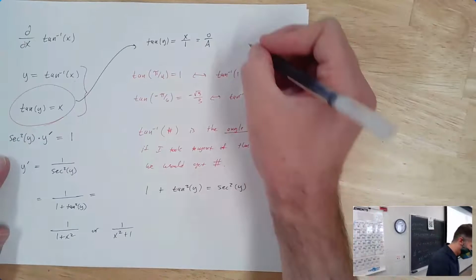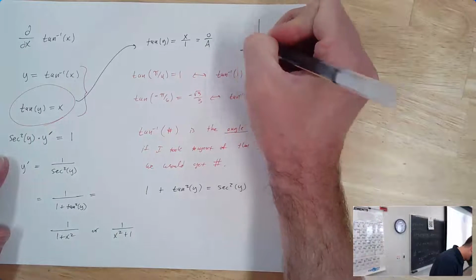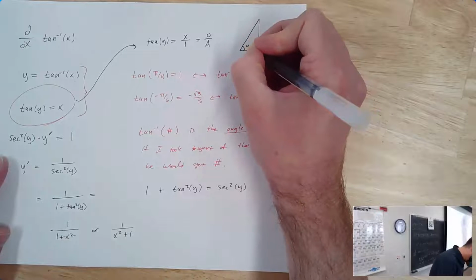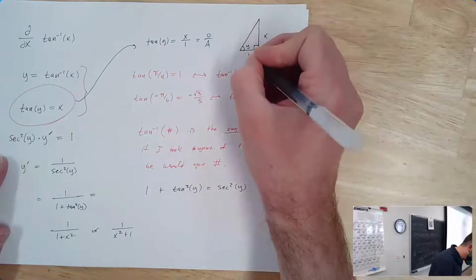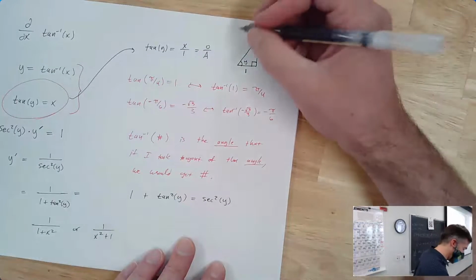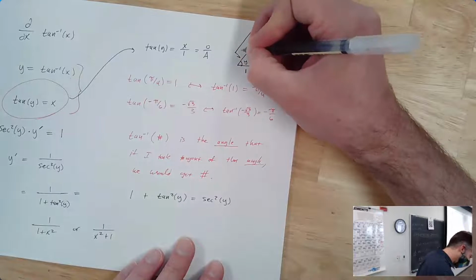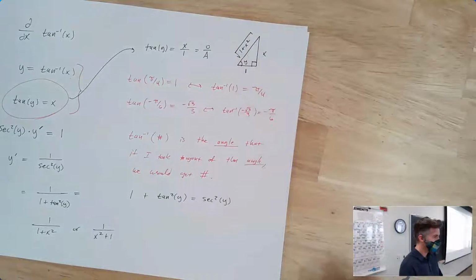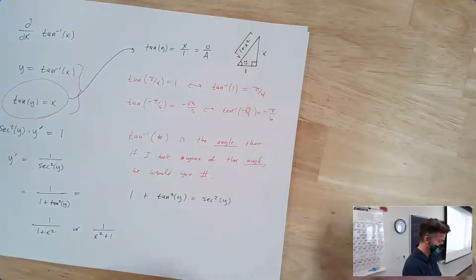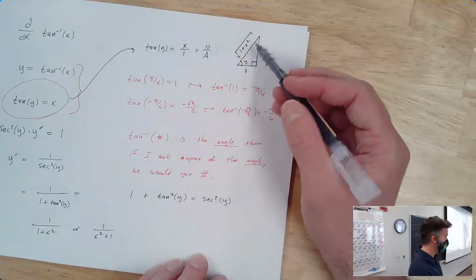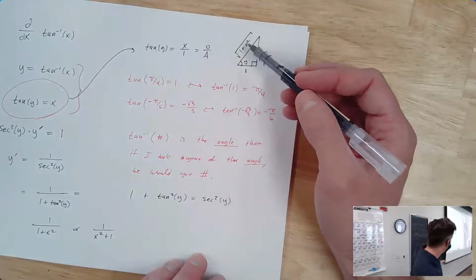So if I draw a right triangle where the angle is y and the opposite is x and the adjacent is 1, then this other side, if you use the Pythagorean theorem, ends up being the square root of 1 plus x squared. It's true, right? Because this squared plus this squared should equal that squared, and 1 squared plus x squared equals the square root of 1 plus x squared, squared.